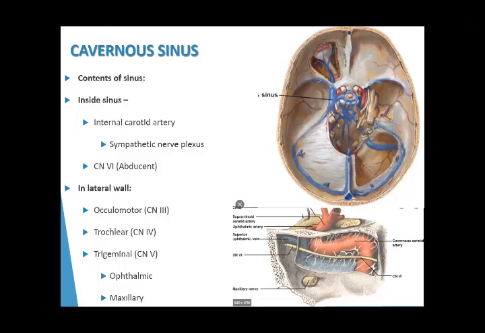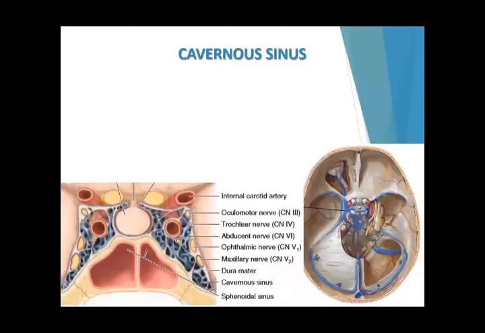You can see over here, you have the ophthalmic division and you have the maxillary division. ये mandibular division is outside the lateral wall. अब मैं आपको दोबारा सब स्ट्रक्चर्स दिखा देती हूँ.